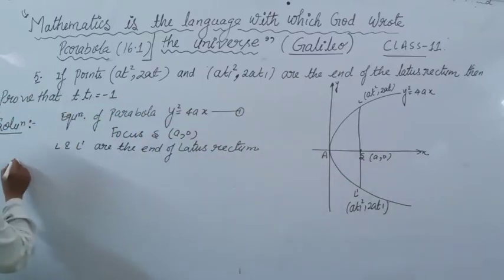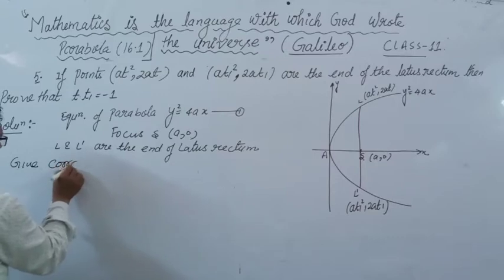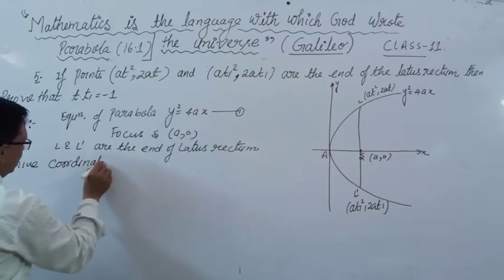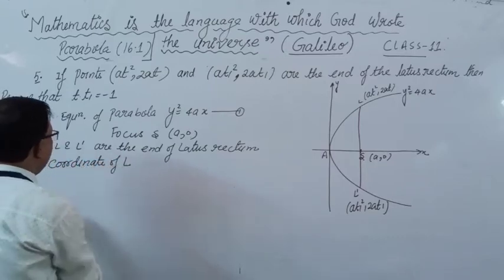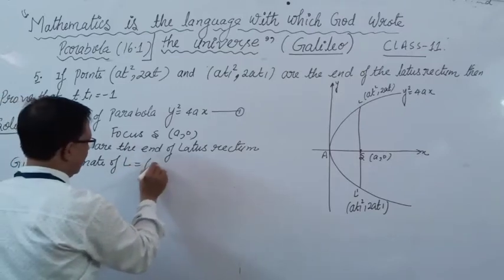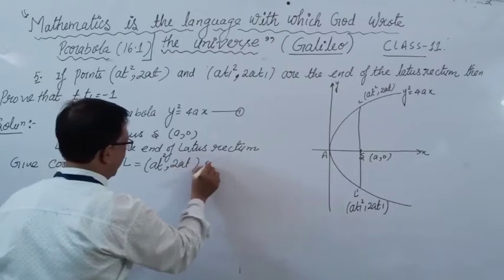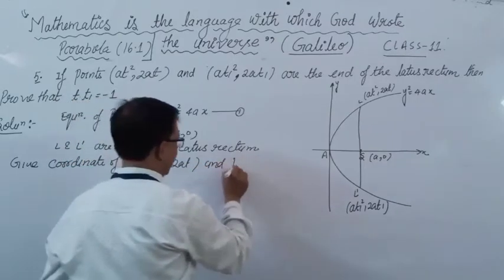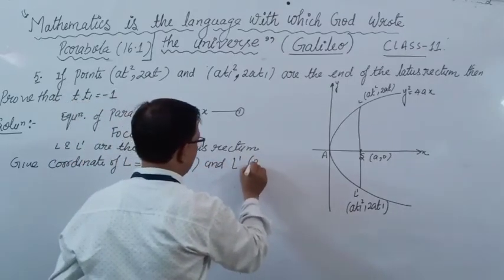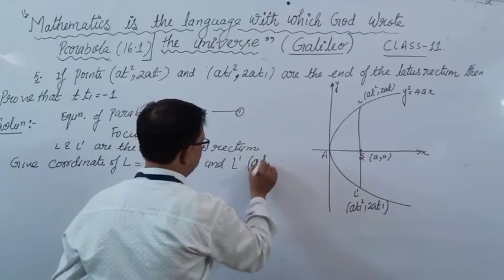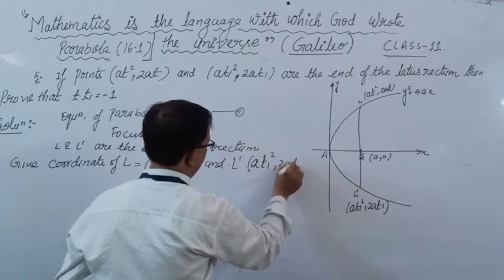So given coordinates of L, at square comma 2at, and L dash, at1 square comma 2at1.